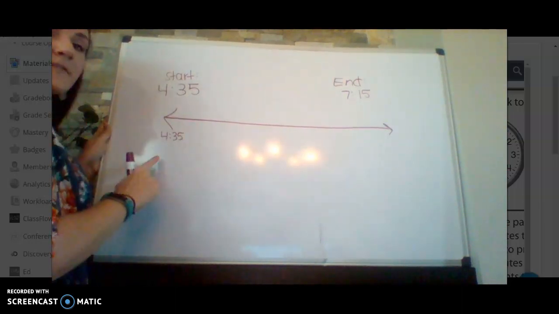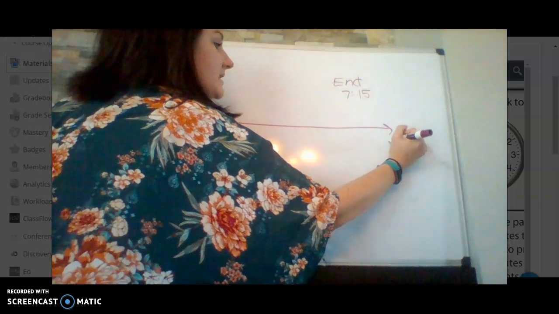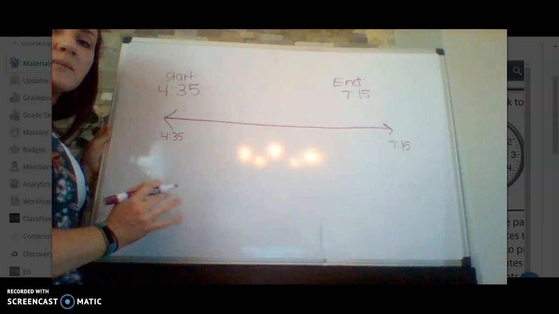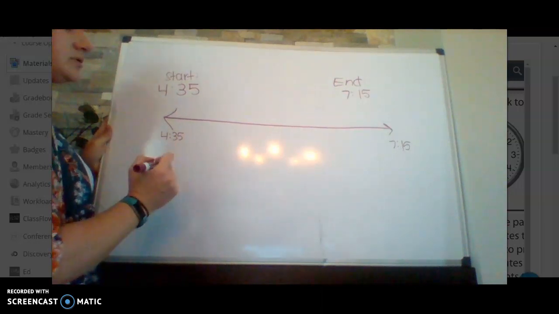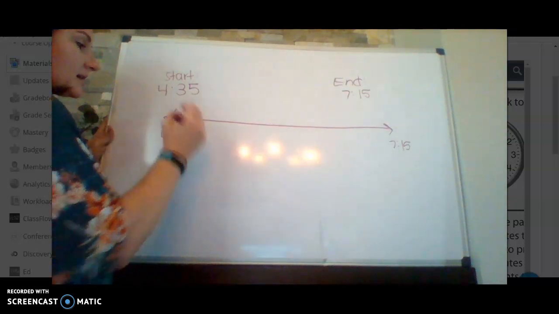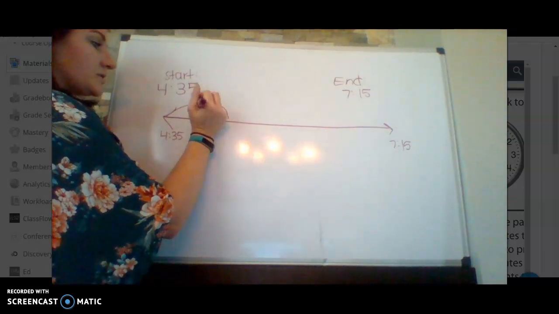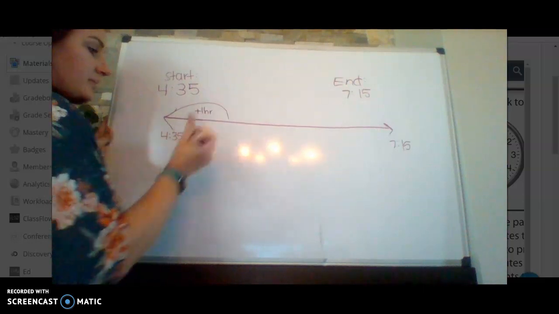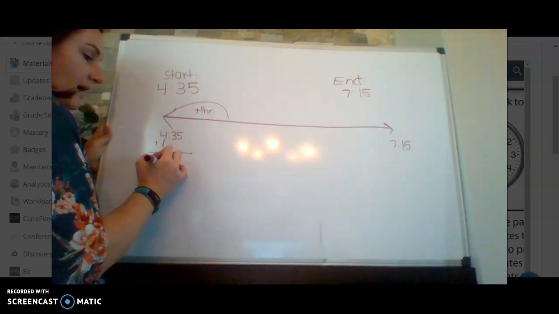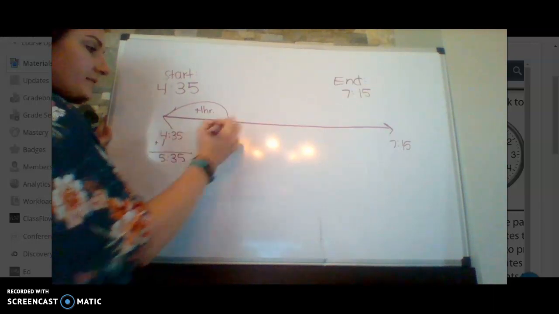So 4:35, and then we have our end time, 7:15. So what I'm going to do first is I'm going to jump my hours. So I need to get from 4 to 7 o'clock. So I'm going to jump by just 1 hour, labeling it 2. So if you need to do this, adding 1 hour gives me 5:35.